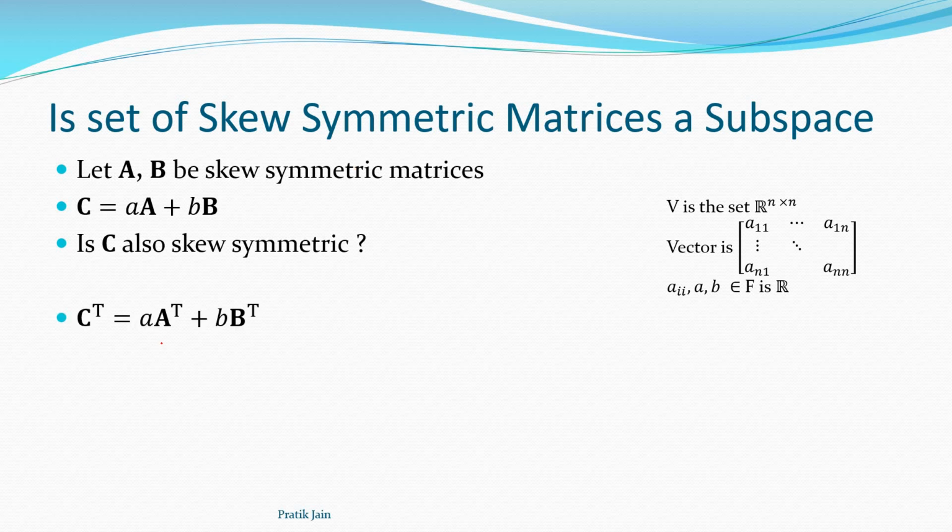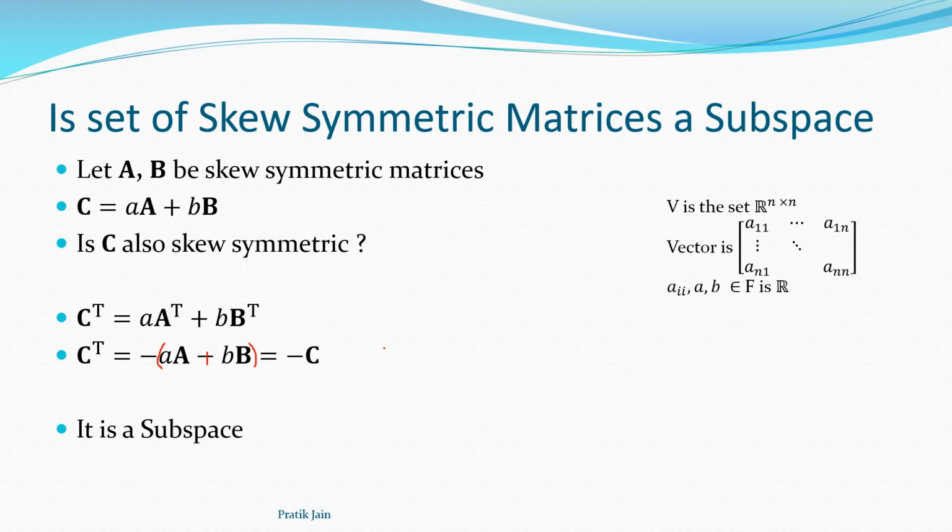Well, take the transpose, and if you see over here, A transpose will become minus A, B transpose will become minus B. You take the minus common outside, and then this is nothing but C, so you get minus C. Simple, right? So over here you can see C transpose is minus C, hence C is also skew symmetric, right?